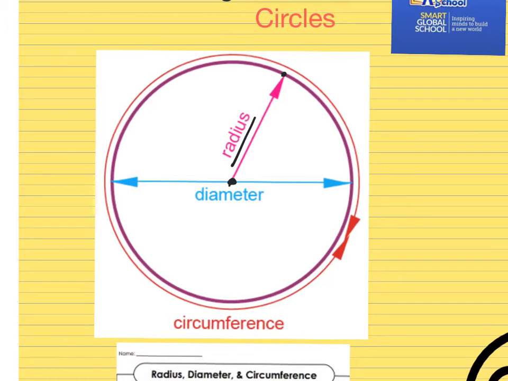Okay, now be careful. Although radius ends with an S, it is a singular word. It's only one. The plural for radius is radii.